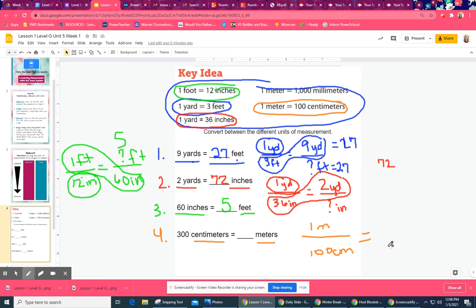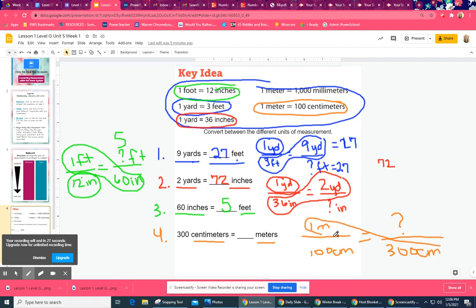So since I give you centimeters, it's going to go on the bottom. My handwriting is superb. We're finding this missing number. So cross multiply. 300 times 1 is 300. Then divide. So 300 divided by 100 is 3.